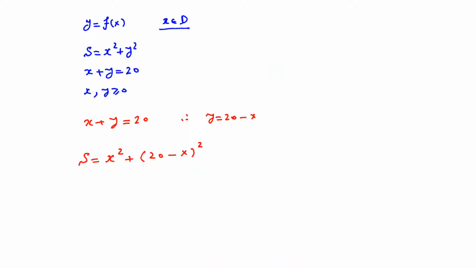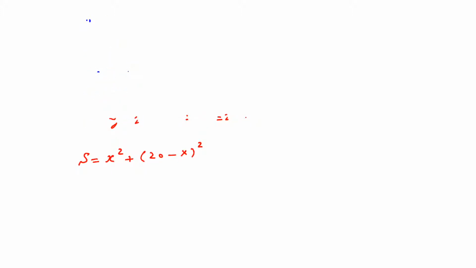Another example, let's assume we have 200 meters of fence and we want to have a rectangular shaped land across a river with maximum area. Let's assume x and y are the dimensions of the land.